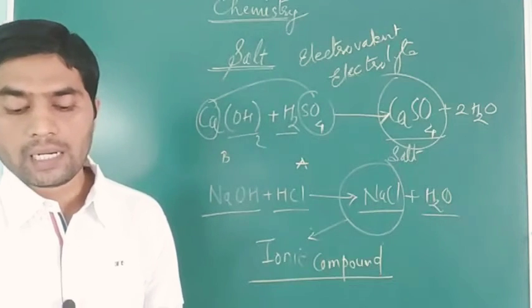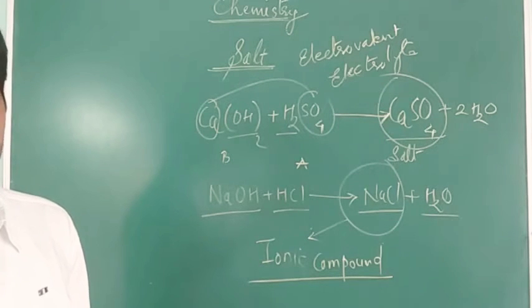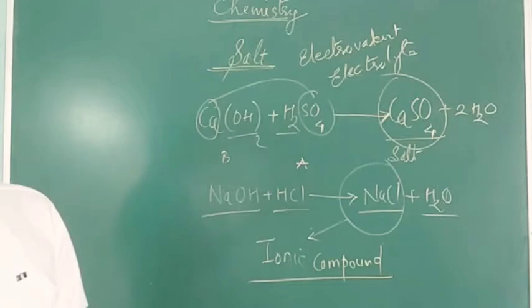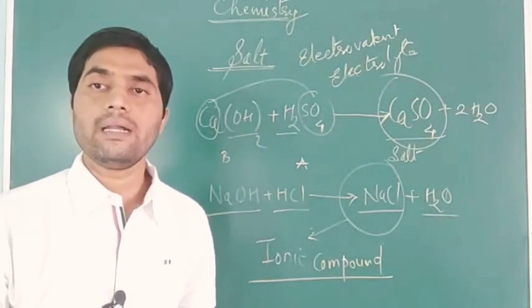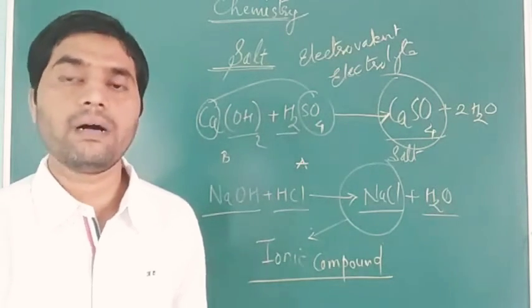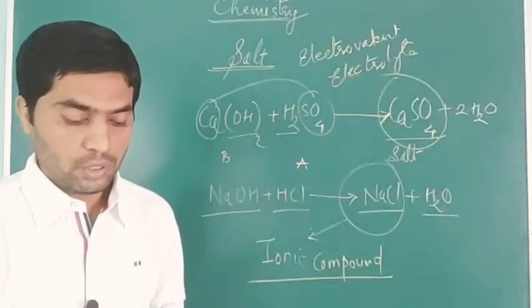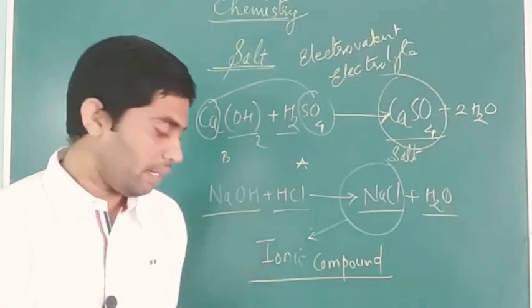The positive part comes from the base while the negative part comes from the acid. Salts may taste salty, sour or bitter, or be sweet or tasteless. The solution of a salt may be acidic, basic or neutral.